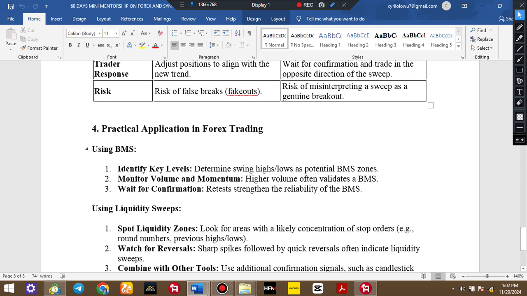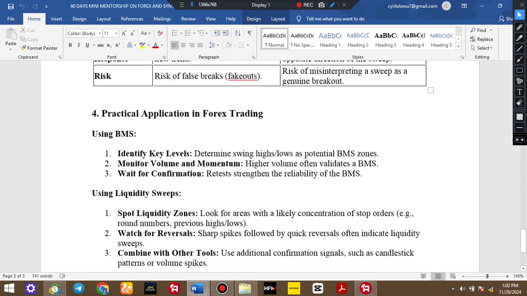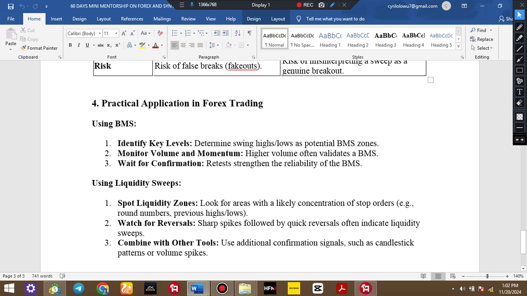Then number four, what are the practical applications in forex trading of all these areas? Using the break of market structure, use it to identify key levels, determine a swing high or swing low as a potential break of structure zone. Two, monitor volume and momentum. Higher volume often validates a BMS. Exactly.